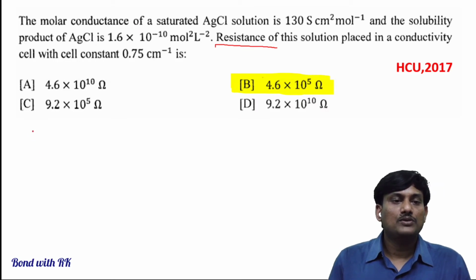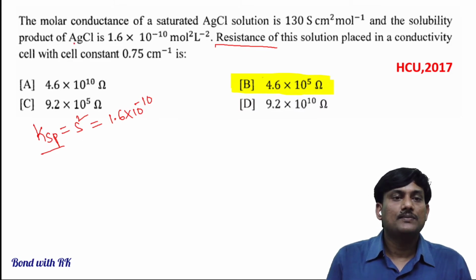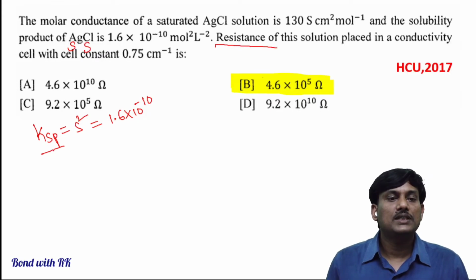From solubility product, we have to calculate solubility. Here, Ksp of HCl is S square, which is equal to 1.6 into 10 to the power of minus 10. This is the solubility product, S is the solubility. If solubility is S, the Ag plus concentration is S and the Cl minus concentration is S. So the solubility product is S square.